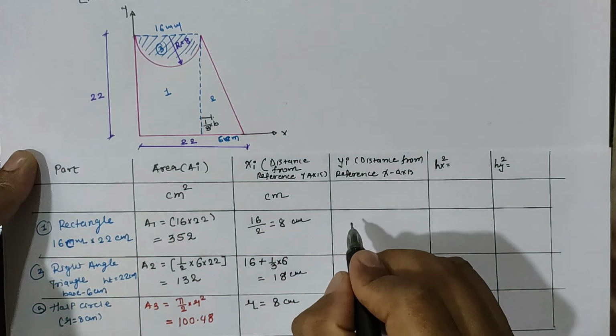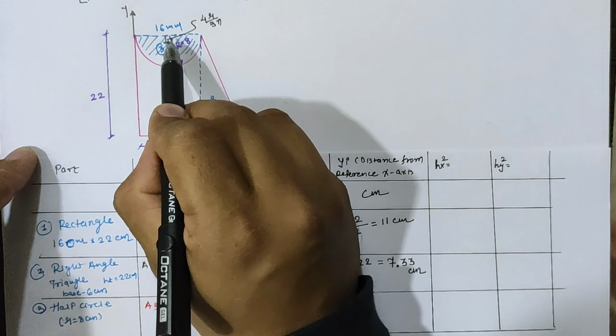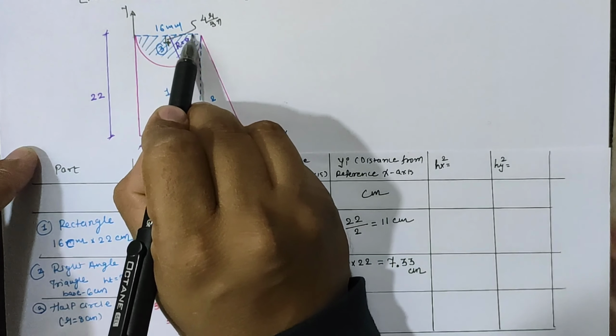For the right angle triangle, it is at 1/3 of the height, so 1/3 of 22, which is equal to 7.33 centimeter.